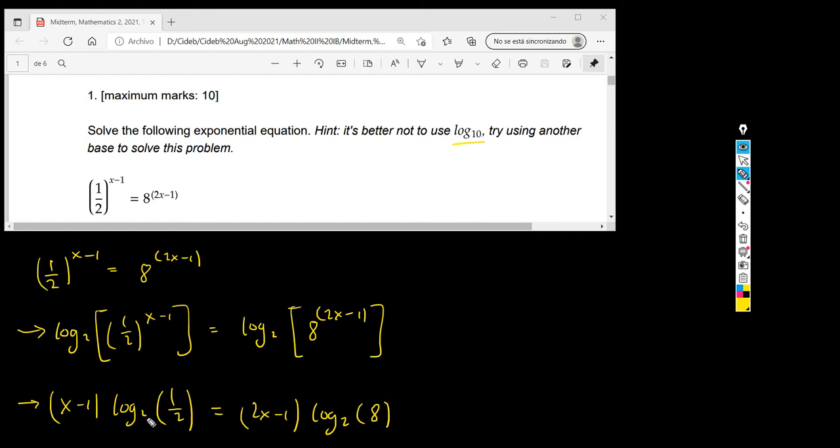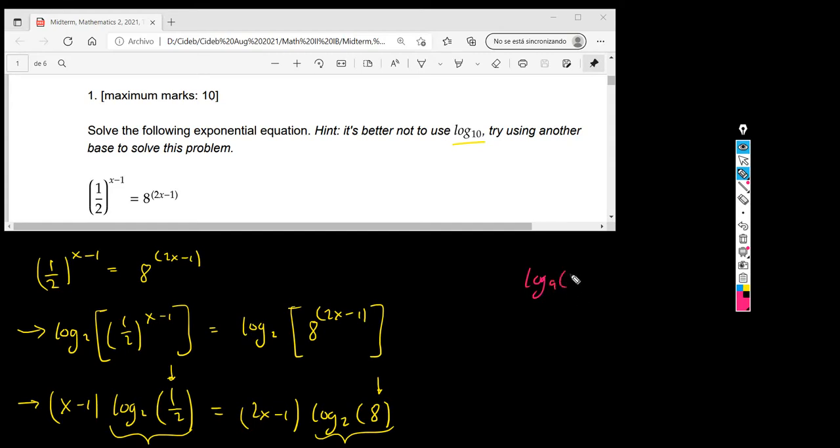And this is where, at this moment, you can see the usefulness of using logarithm base 2. Why? Because, like I told you before, these two numbers are actually powers of 2. So you can calculate this and this quickly, without a calculator. It's very simple. All you have to do is remember what this means.